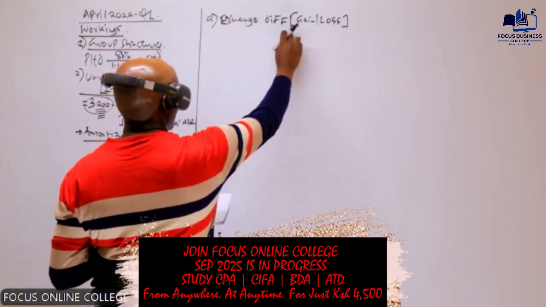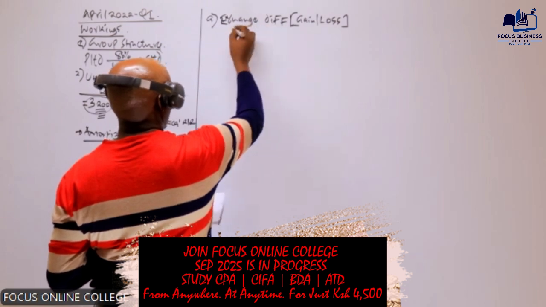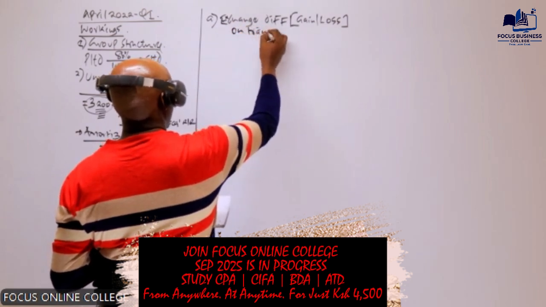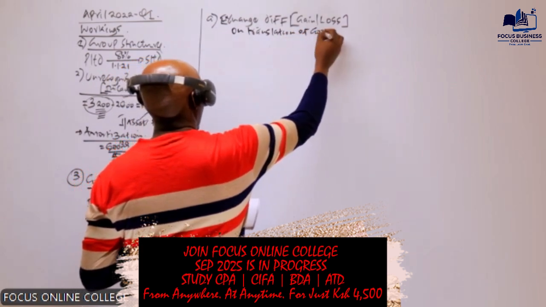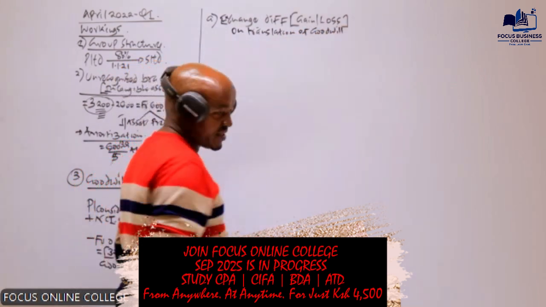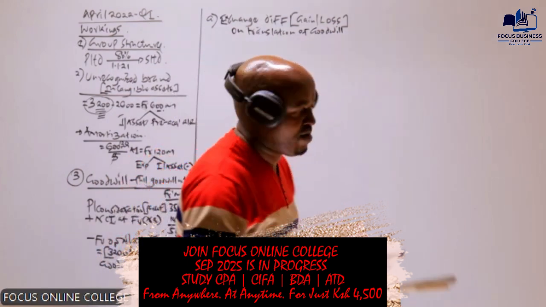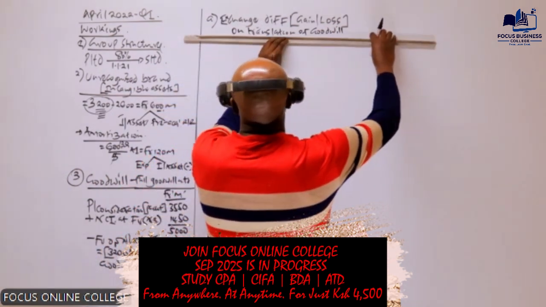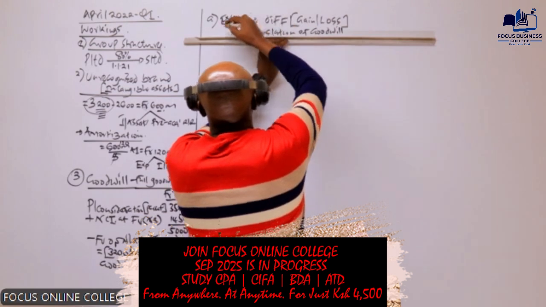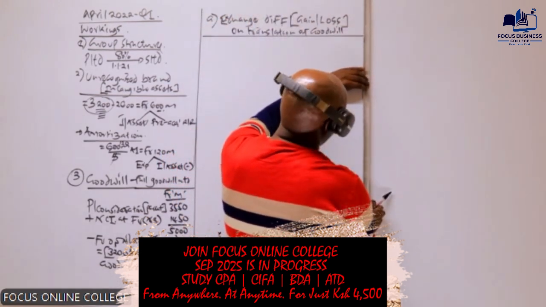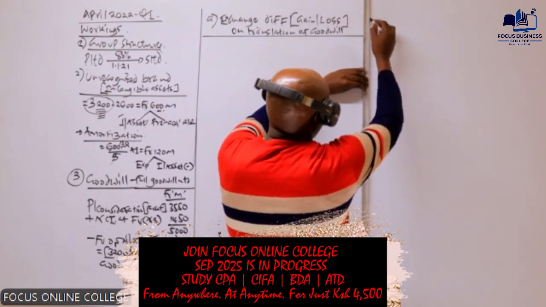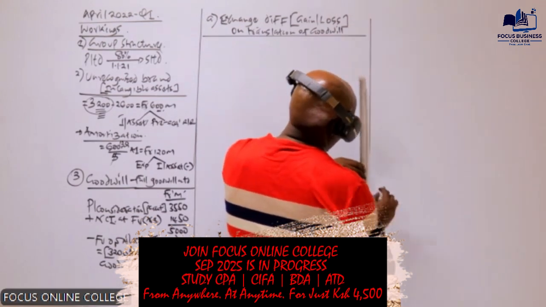So we're going to start by computing the exchange difference on translation of goodwill. This one is very, very simple, provided you can remember the format which I've given you for computing this.